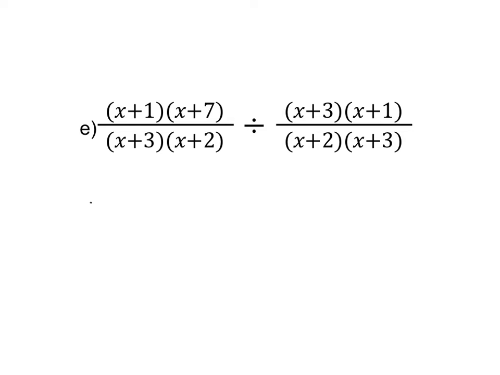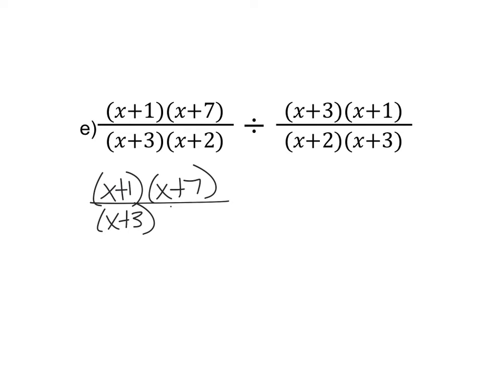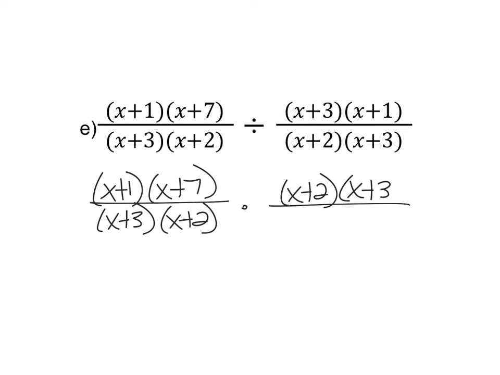Next one, so we're going to rewrite it. Some of you will try to take shortcuts and not write it, and I'm telling you, you're a lot more likely to make a mistake. So just take a couple seconds and rewrite it, flip that second fraction. Okay, so what do you see?